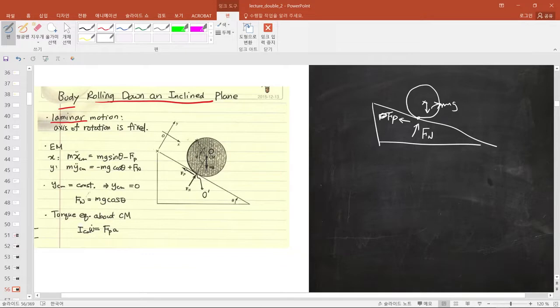The equation of motion: the coordinate is along the incline, so we decompose mg into this component, mg sine theta, and this one, mg cosine theta. This angle is theta.